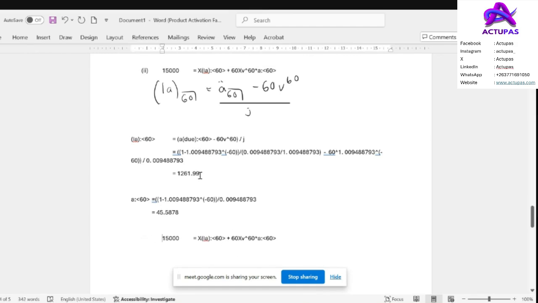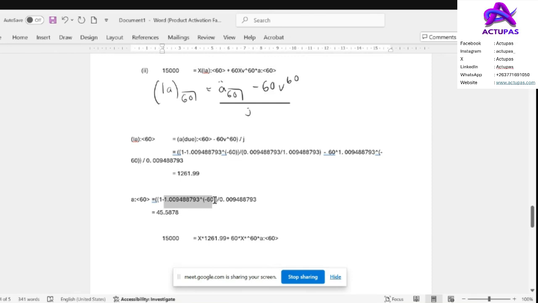Where we had (IA)60, we are copying this and replacing. This is x times something, and then 60 times x times v to the power 60. v to the power 60 is just 1.00. Let me copy it here to make it faster.